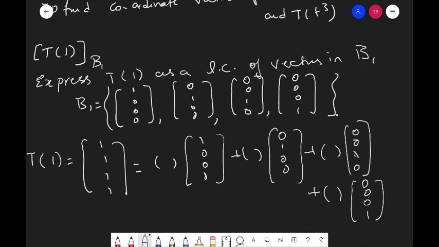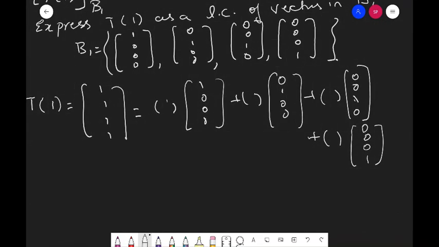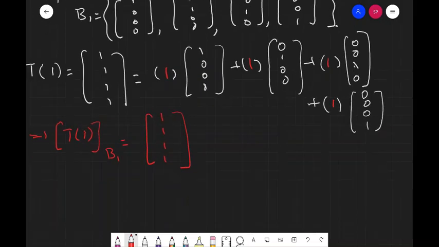Because it is the standard basis, you will get 1 1 1 1, which implies the coordinates of T of 1 with respect to the basis B1 is nothing but 1 1 1 1. This will be the first column in the matrix.